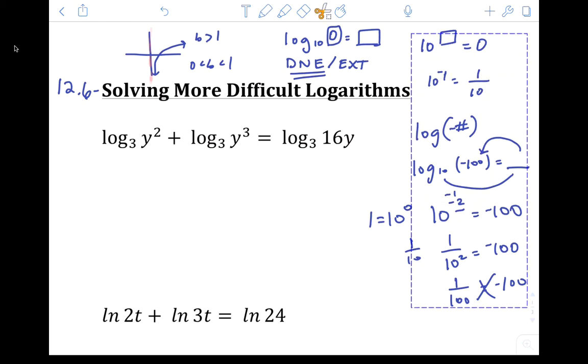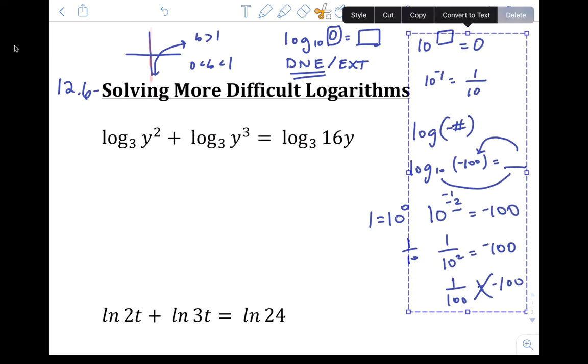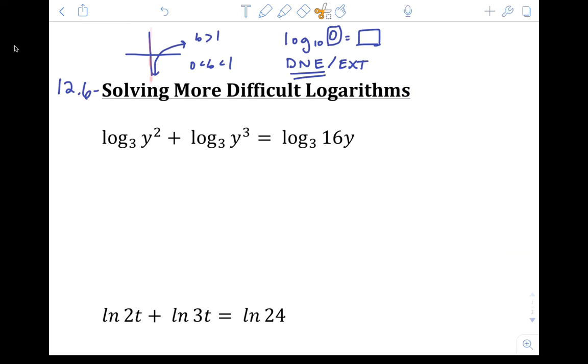Let's make this so it's easy to read. If you find yourself taking the log of 0, whatever your base is, doesn't matter. But if you find yourself taking the log of 0, in this case, base 10 of 0, it's not possible.